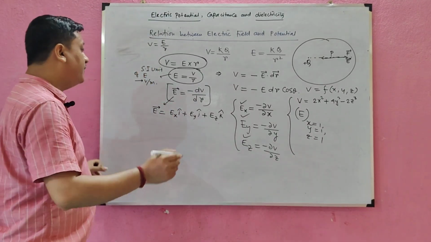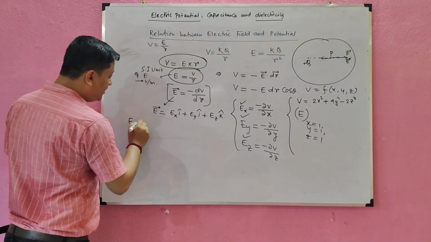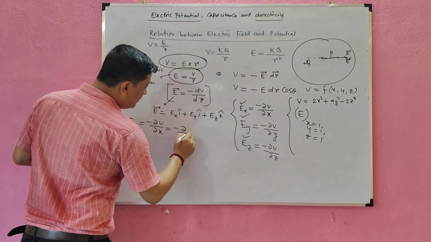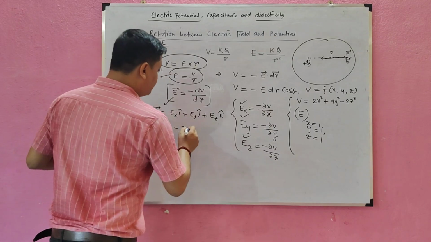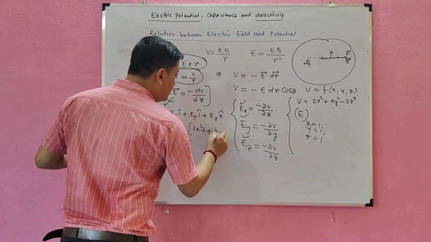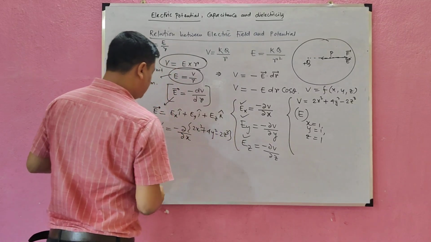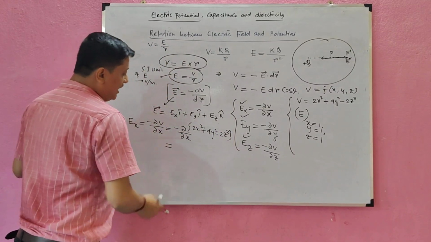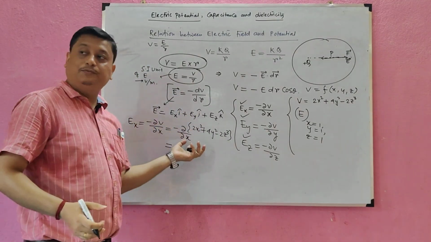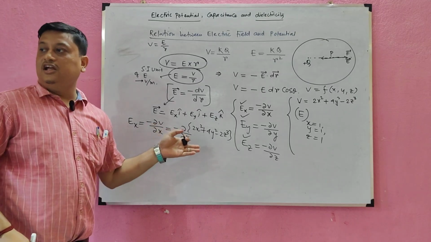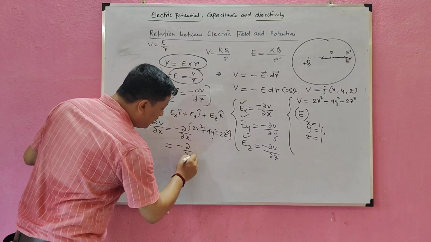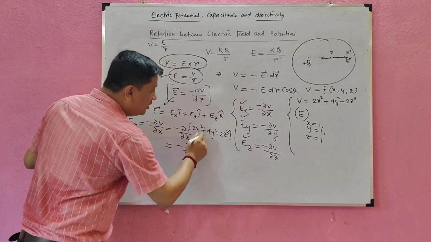So how can we find Ex here? Ex equals minus del V upon del x. That is minus del x of, in place of V we will write 2x square plus 4y square minus 2z cube. When we do the partial derivative for x, we can write minus del x of only 2x square, nothing else will be here.